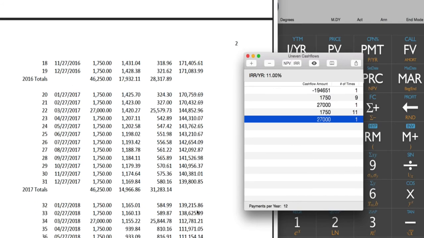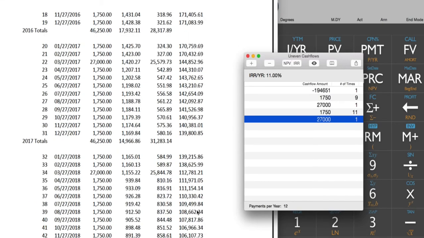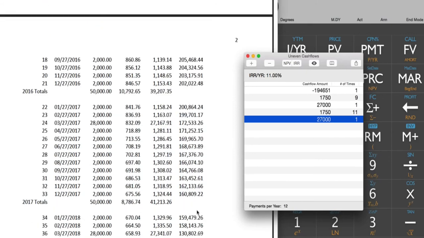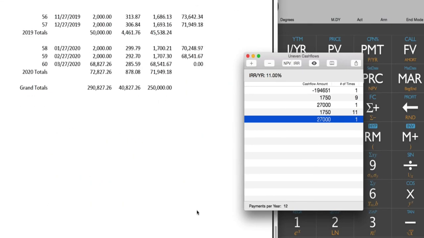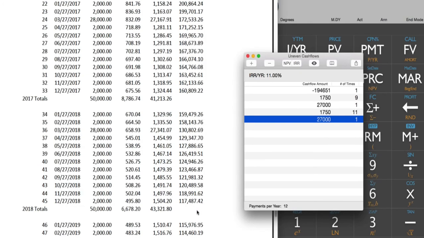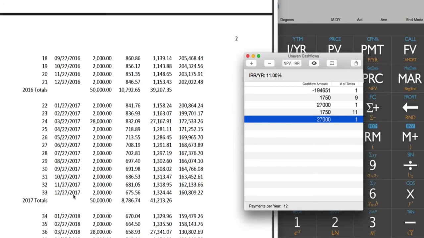So let's just say 2.5 years out. I go to the original amortization to see what the balance would be at that time. So 2.5 years later, basically from now, the balance would be 160,809.